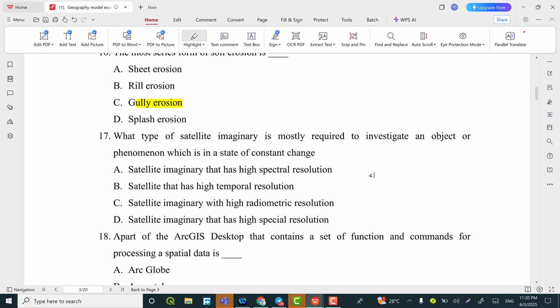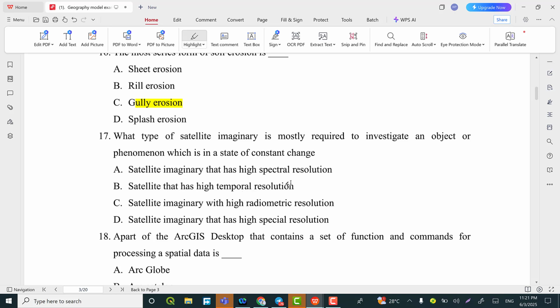If you are a GIS expert and someone asks you to assess an object or phenomenon in a state of constant change, the satellite image you have to use is not high spectral resolution, but rather satellites that have high temporal resolution.